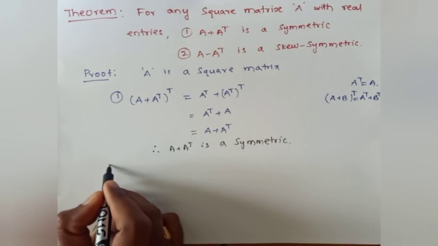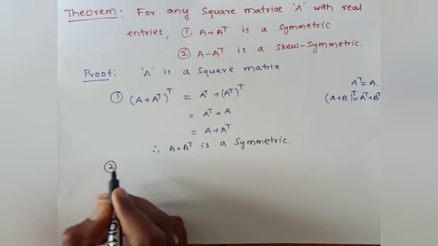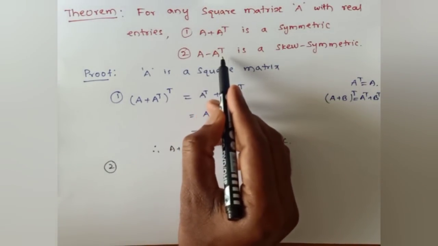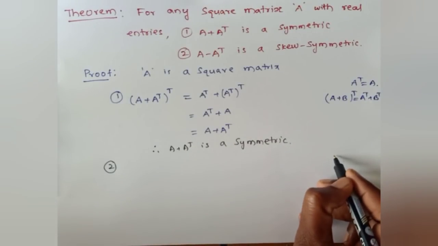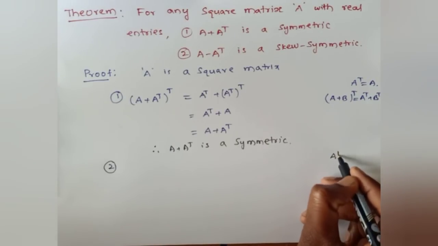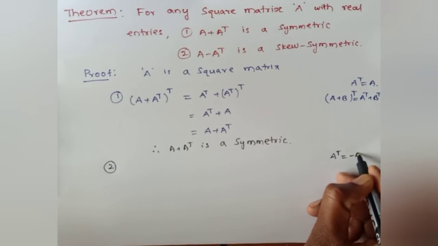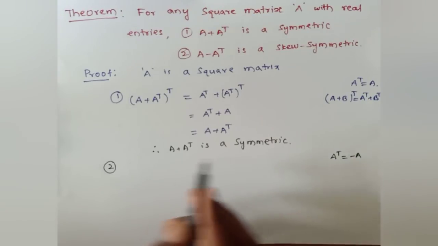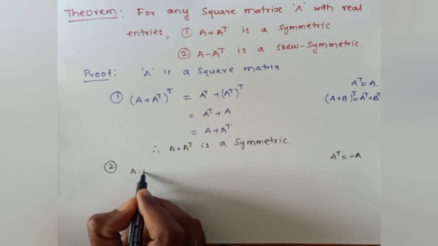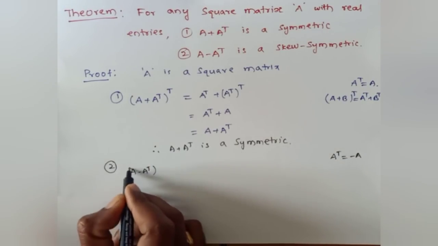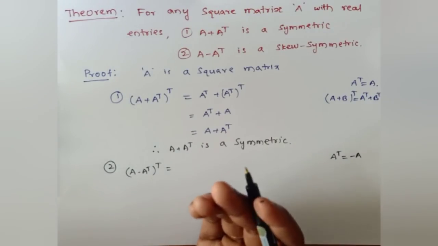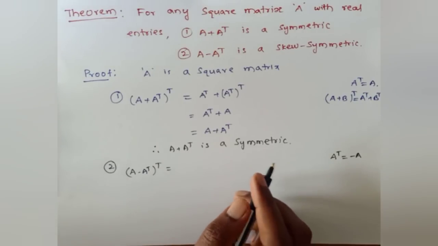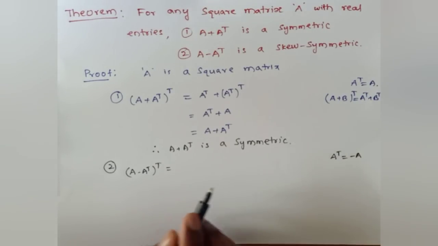Similarly, I can show the second one. A minus A transpose is a skew symmetric matrix. What is the definition of skew symmetric? A square matrix A is said to be skew symmetric if A transpose is equal to minus A. Here we need to show A minus A transpose whole transpose is equal to minus of A minus A transpose, by using the properties of transpose.